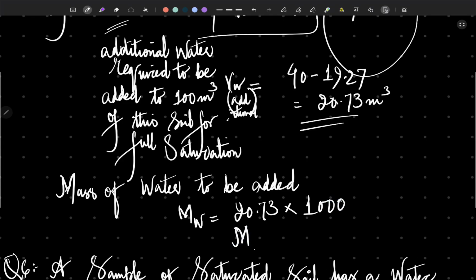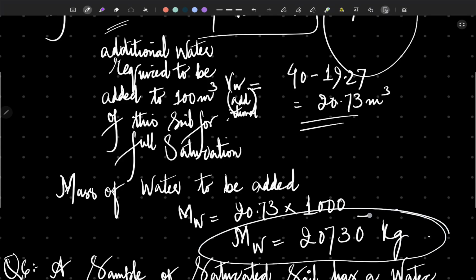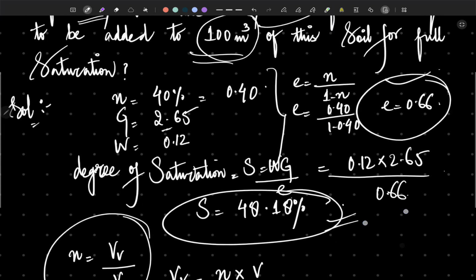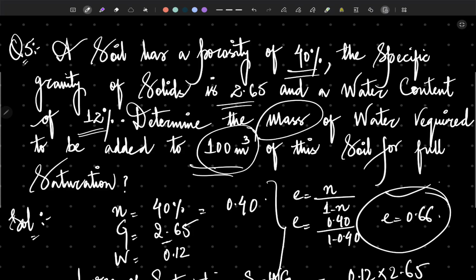So the mass of the water added is 20730 kg. This is the additional mass of the water, and this is the additional volume of water that needs to be added to 100 cubic meters of this soil so that it will be fully saturated. All right, so this is how we proceeded with the question.